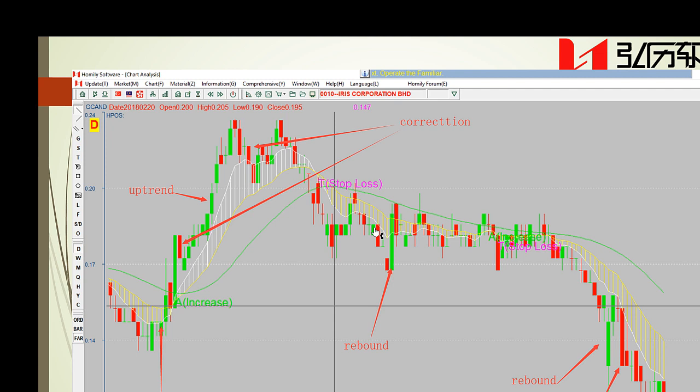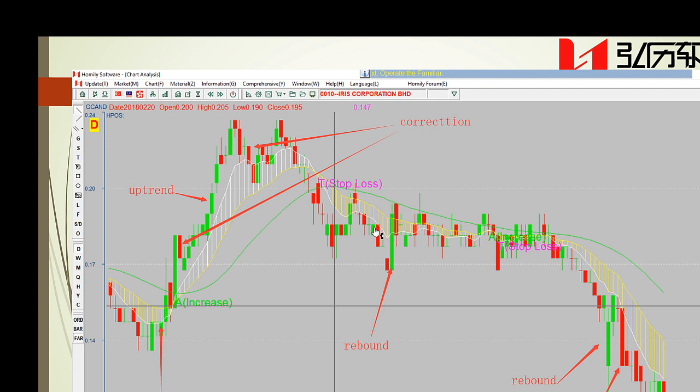After the price drops to the white band, it will get support. We can see this candlestick is near this white line, right? So it gets support from the white line, from the white band. So this is the support, and the green line also is the support in the uptrend.